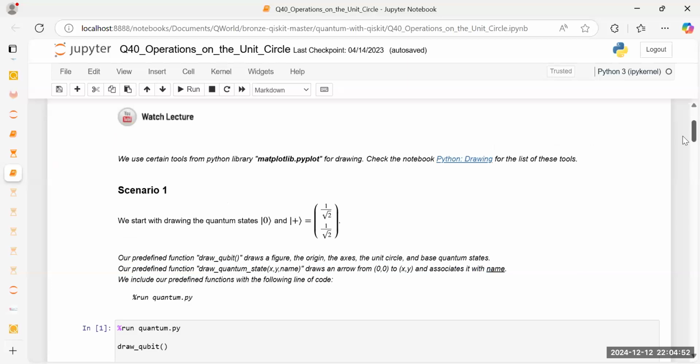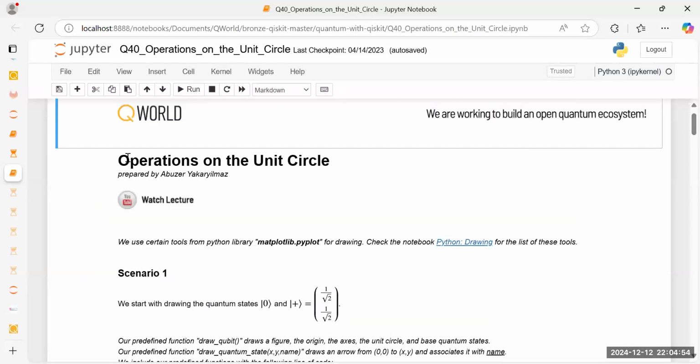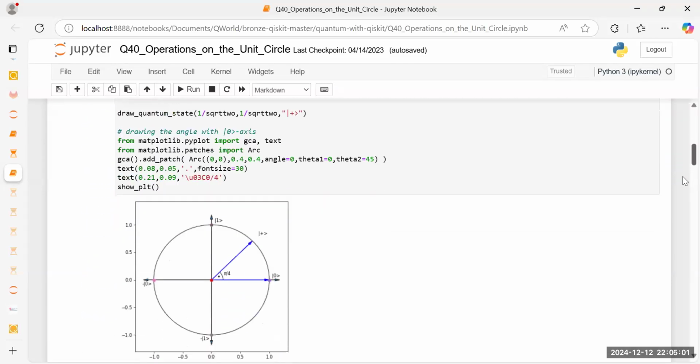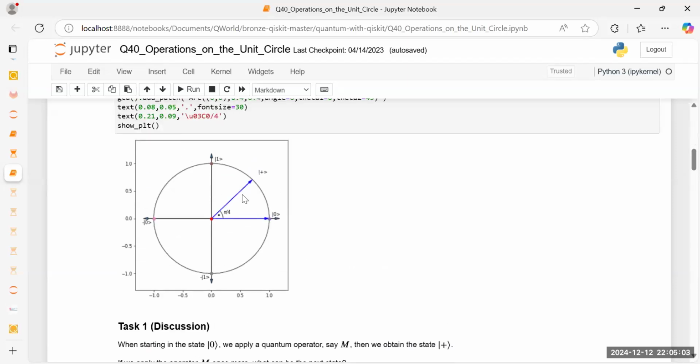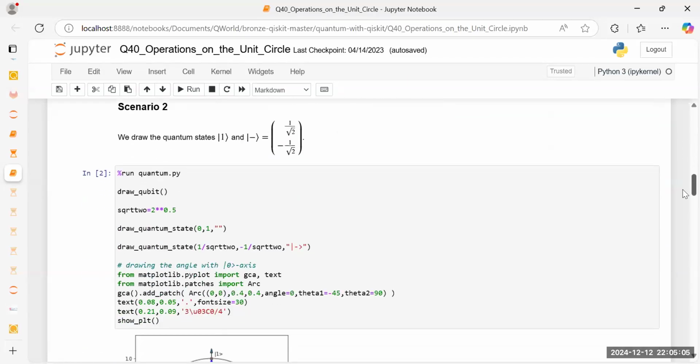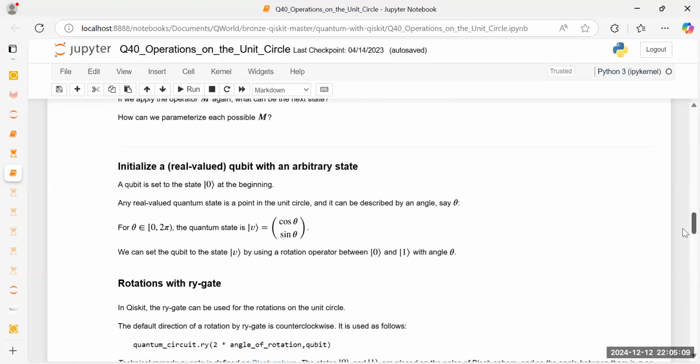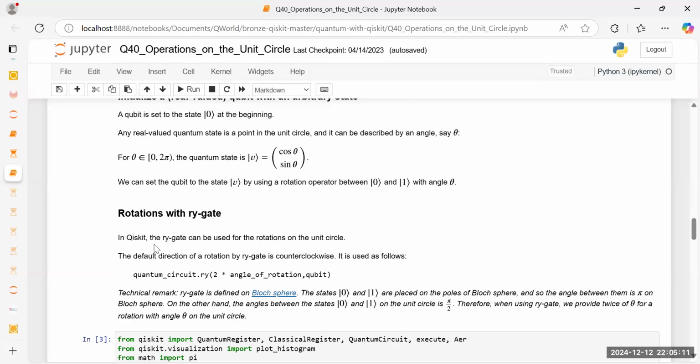So yesterday we started off by talking about operations we can apply to a single qubit to change its state. We introduced the RY operator.